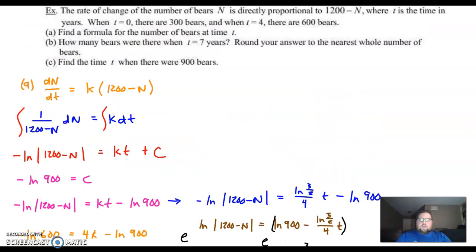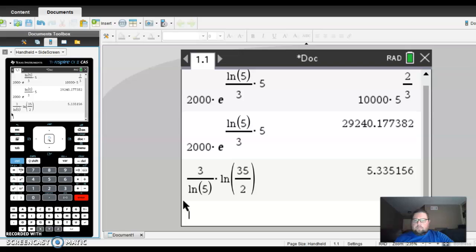All right, part B. t equals 7. So we have n equals 1200 minus 900 e to the negative natural log of 3/2 over 4 times 7. Round your answer to the nearest whole number of bears. So we just plug this in our calculator from here.